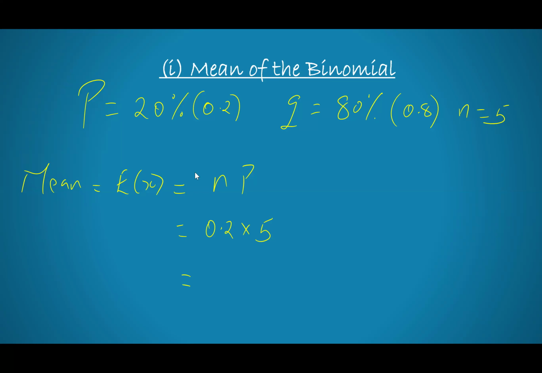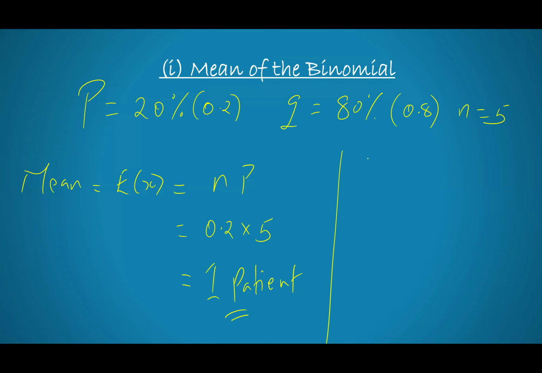Giving us about 1 patient. Perfect. So, in our conclusion, we are saying that we expect only 1 patient on average to have health insurance.